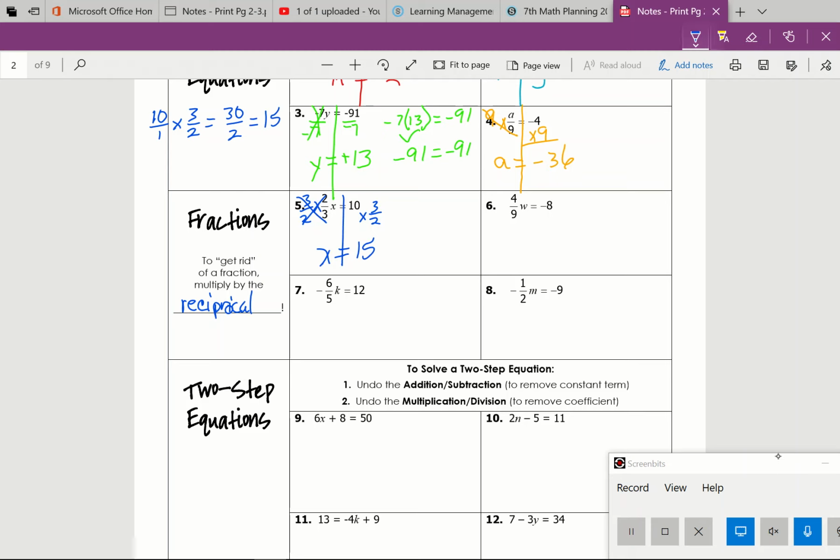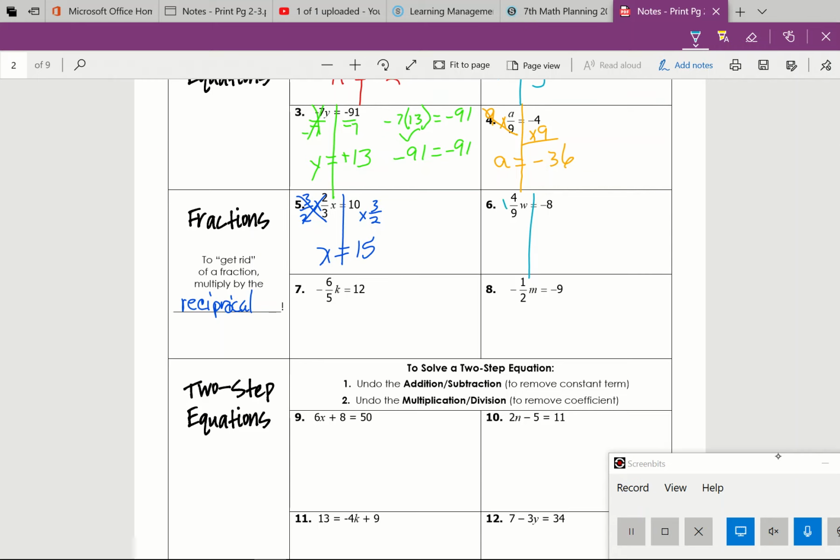All right, I'll do number 6 with you also. Divide it in half. 4/9 times w equals negative 8. So to get rid of 4/9, you're going to multiply by 9/4. These cancel out and you have w equals whatever negative 8 times 9/4 is.